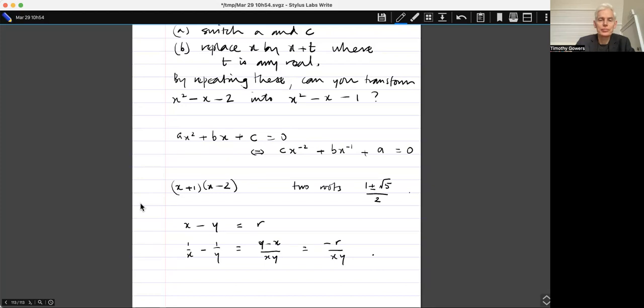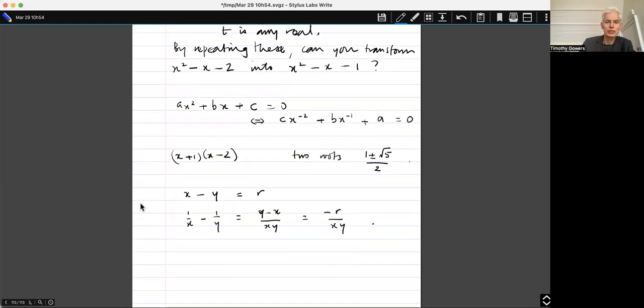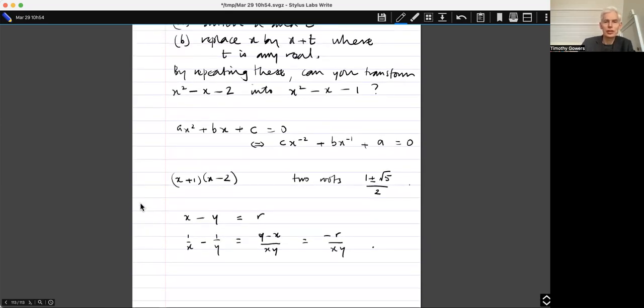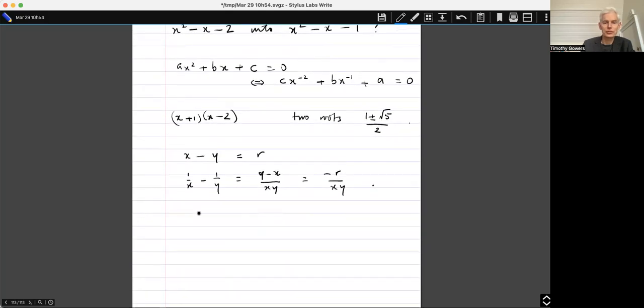So the invariant, I think I better just see what happens when I substitute in x plus t into this thing. So I get... I think I need to look more for an invariant of the coefficients rather than an invariant of the roots.